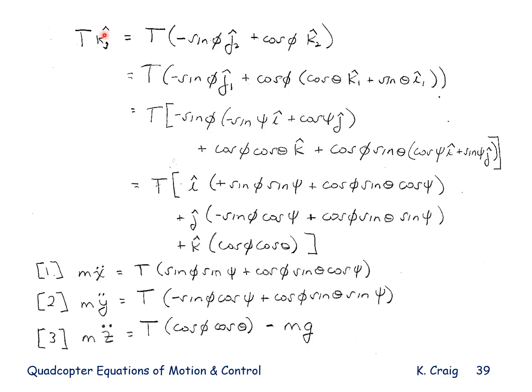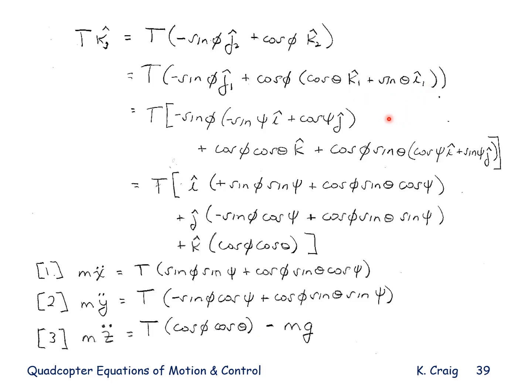I need to express this in terms of the unit vectors in the inertial reference frame, where the generalized coordinates x, y, and z are. So I replace K3 hat with unit vectors J2 hat and K2 hat. And then I replace these unit vectors with unit vectors J1 hat, K1 hat, and I1 hat.